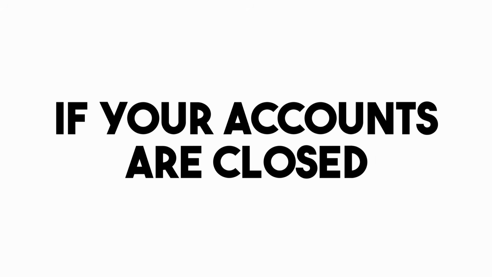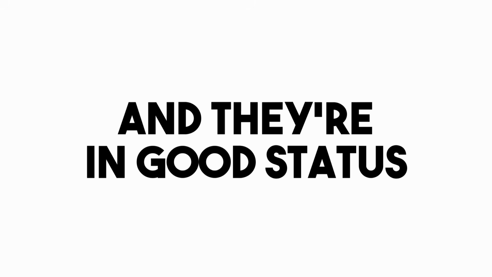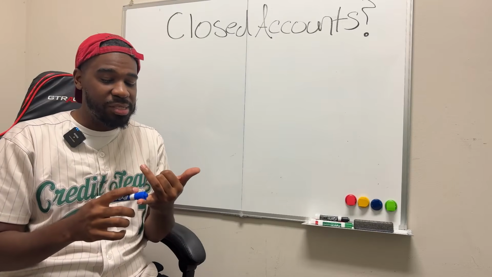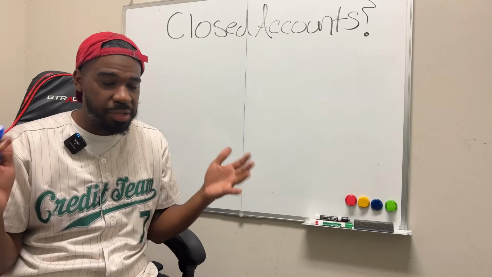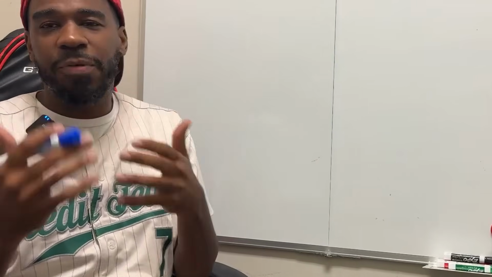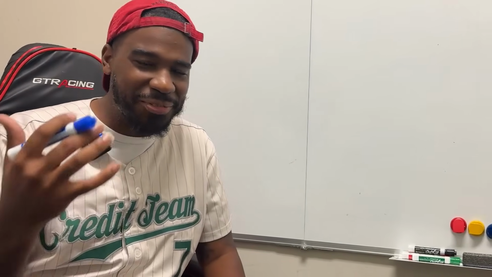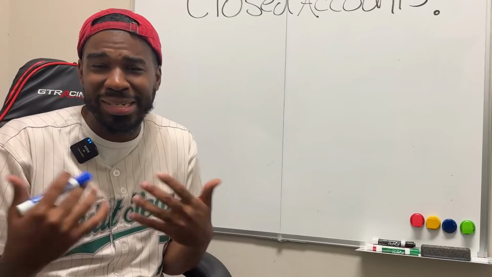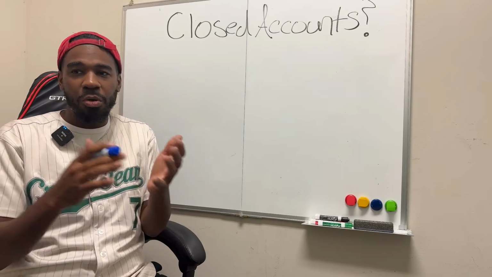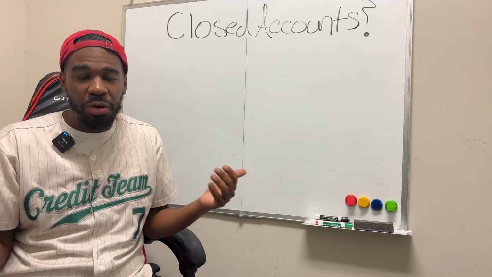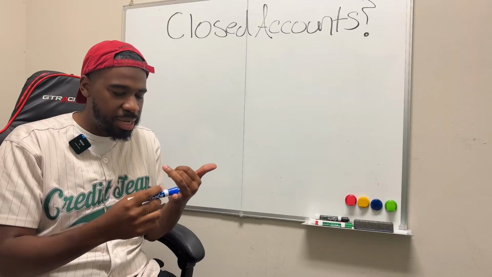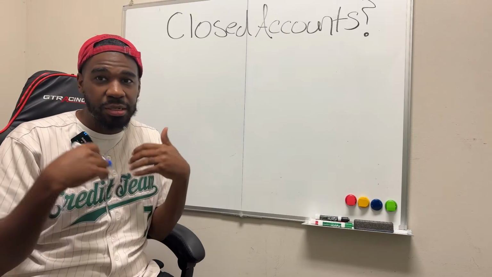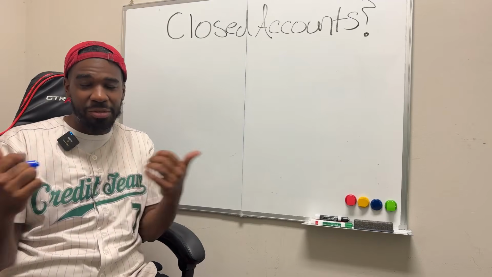Now, if your accounts are closed and they're in good status, you paid them on time, never missed a payment, everything is good with that specific account, you shouldn't focus on trying to remove it off your report. It's in good status. If a lender looks at your credit report and sees that this person pays on time, took care of this, closed out, hey, you're good, right?